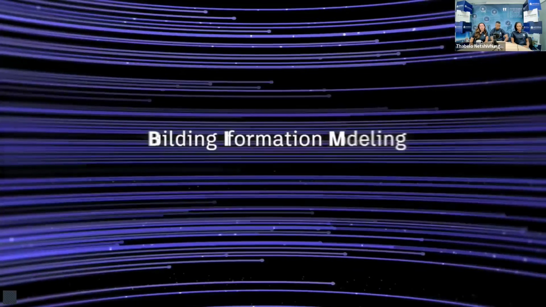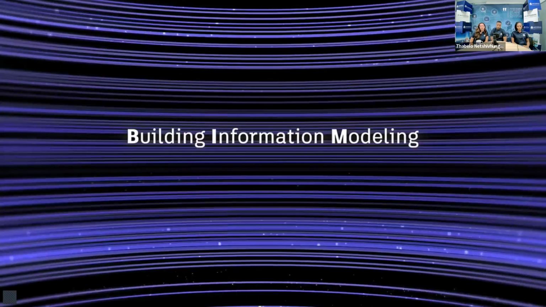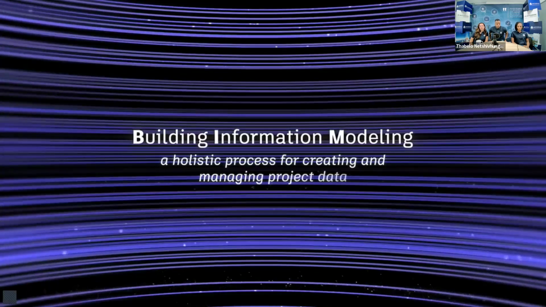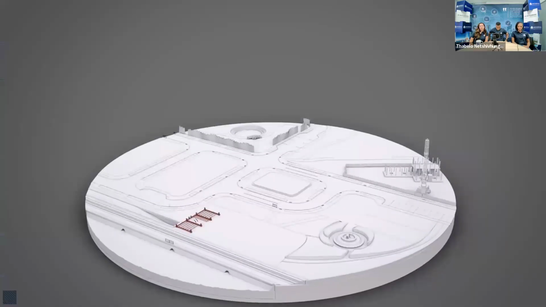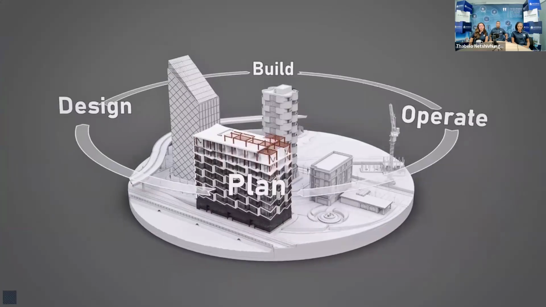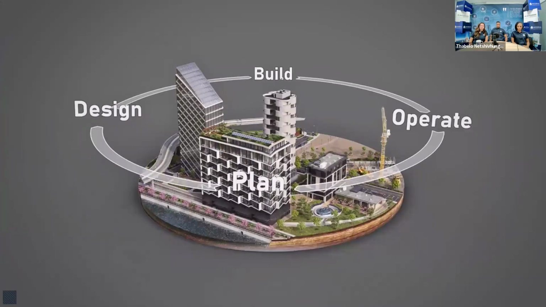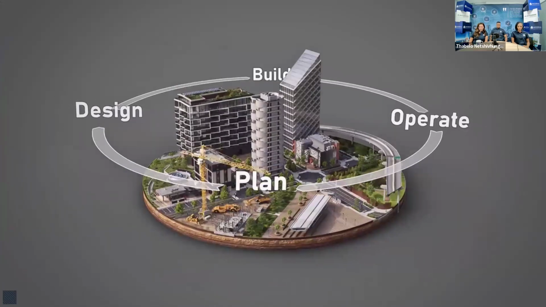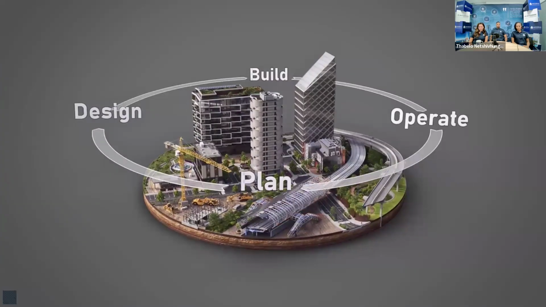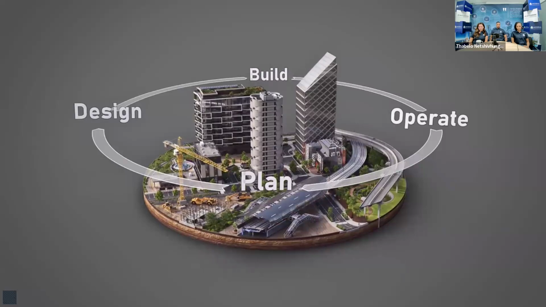BIM, Building Information Modeling. At its core, is a holistic process for creating and managing project data within an intelligent 3D model. From plan and design to build and operate, it's much more than a single tool or technology. It's the foundation for digital transformation in the architecture, engineering, and construction industry.